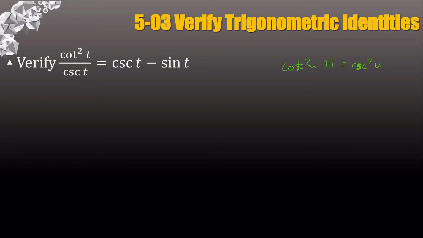If I subtract the 1, then I'll have cotangent squared is cosecant squared minus 1. So I'll replace the cotangent squared with cosecant squared minus 1.